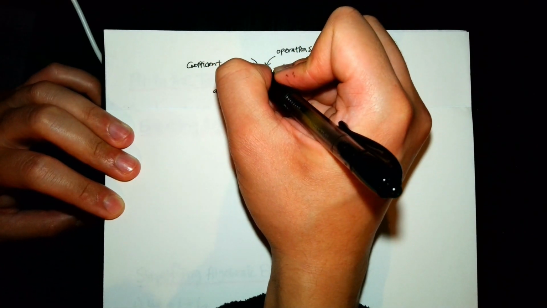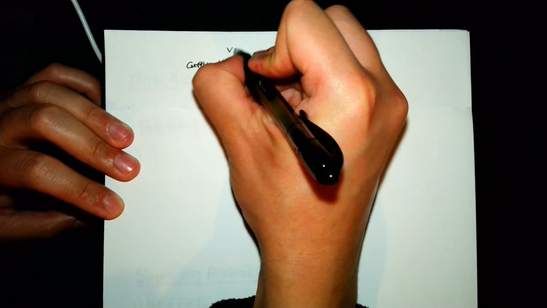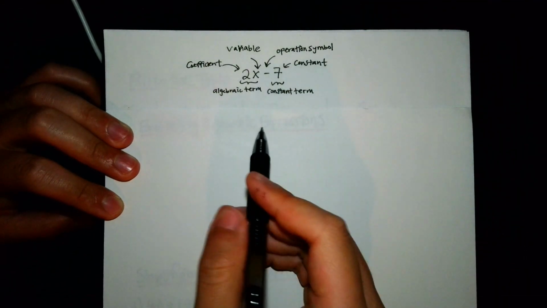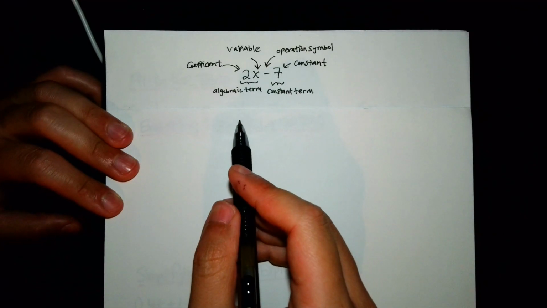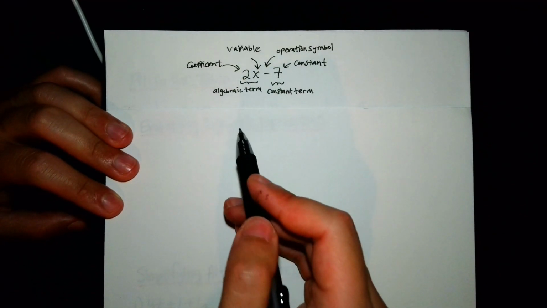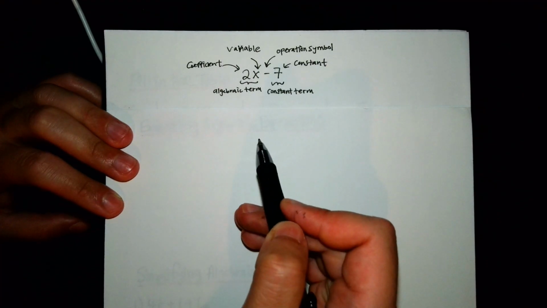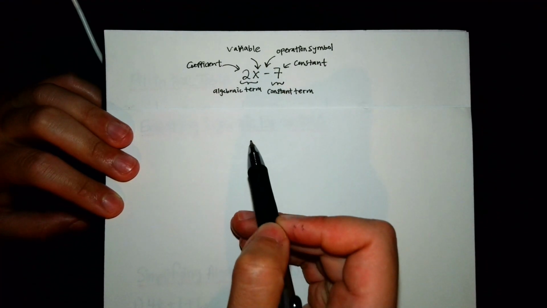A variable is used to represent an unknown value or quantity. And there you go. If you want a more in-depth overview of what an algebraic expression is and its parts, I highly encourage you to watch the last video.